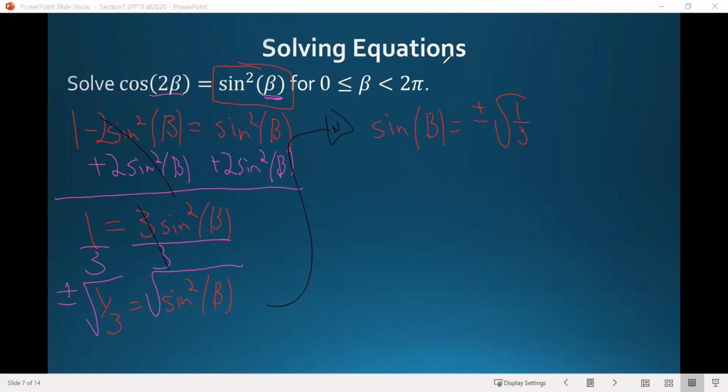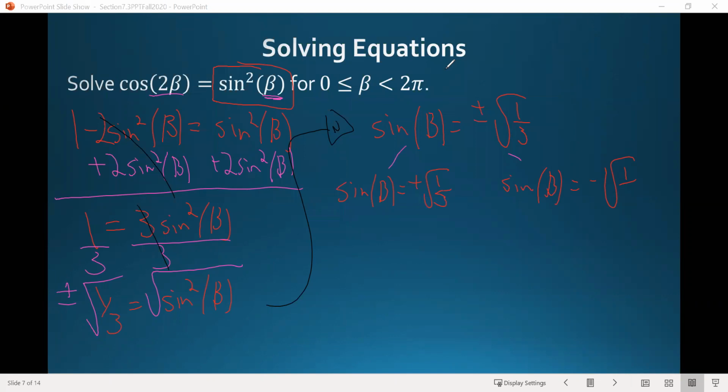In this case, because the square root of 1/3 doesn't come out nicely, and if you simplify it, it won't give us one of our root 3/2s or root 2/2s or anything like that, I'm just going to leave it like that for now. And again, we can break this into 2 separate problems here. We would have sine of beta equals positive root 1/3 and sine of beta equals negative square root of 1/3.